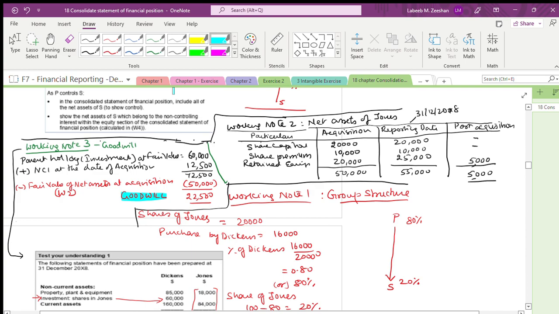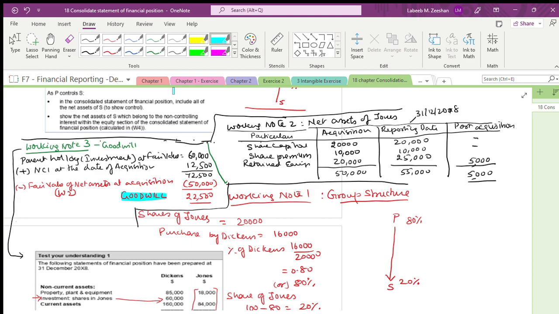Now you understand? Parent company holding investments, as given in the assets, 60,000. The share of the parent company at the date of acquisition, they will give 12,500 total. This much is the value. 72,500 is the value of the subsidiary. Of this 72,500 value of the subsidiary, for 80% of the share, the parent company is paying fair value.